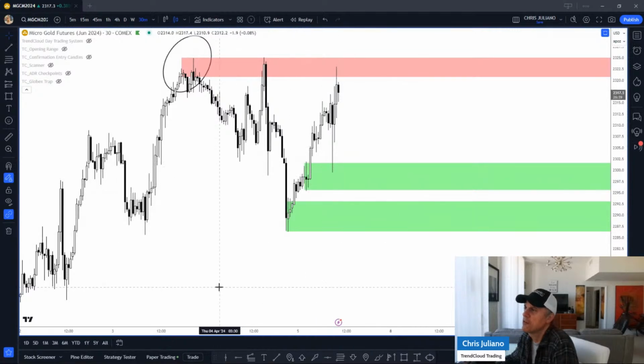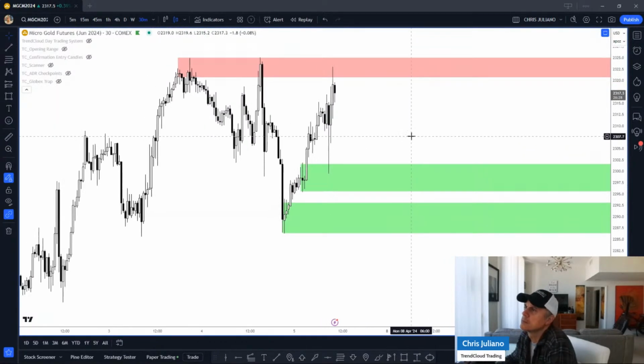A lot of buyers sitting in there. Really nice bullish candle here. If it does reach back down into here, right? Possibility.